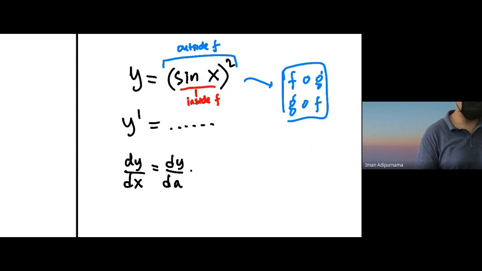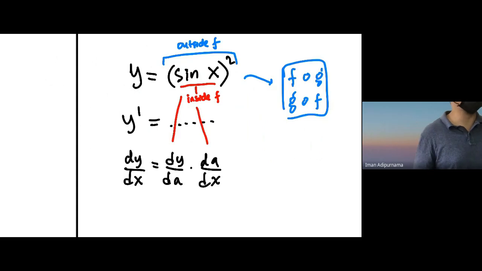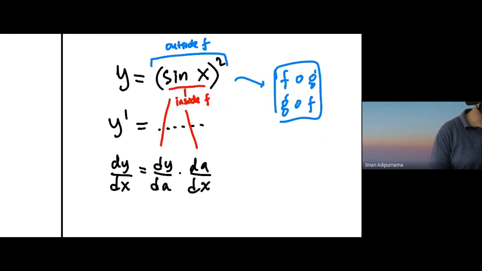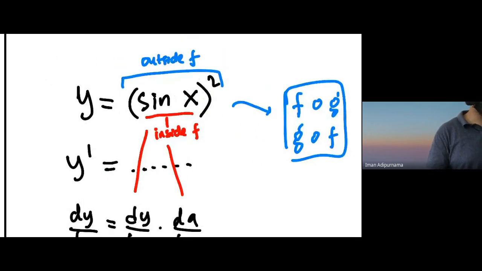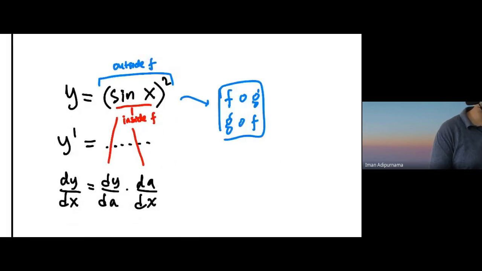Let's say a, and this should be a d dx, and which function needs to be put here? So first, you look at the outside function. Probably the outside function is just any variable, let's say x. And the inside function is, of course, sine x, right?